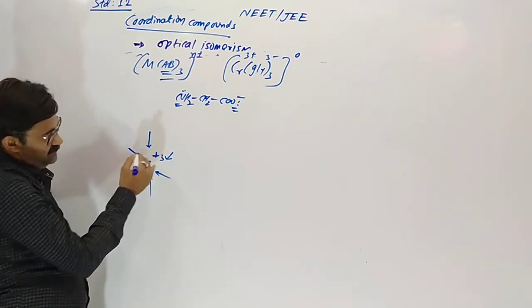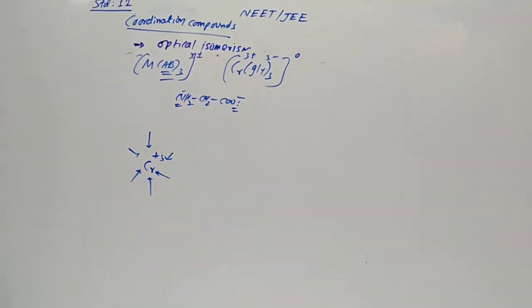You can see 2 cis and 2 trans isomers occur, and both are optically active. How can we say?